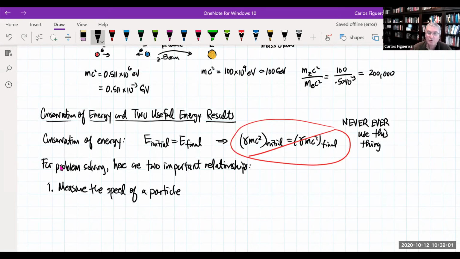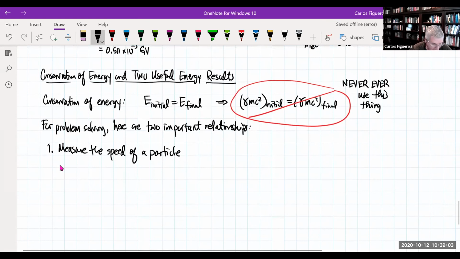This is useful in numerous cases. The way you can measure it is that you look at the ratio of momentum to energy. So if I look at the relationship between momentum and energy, we wrote this as gamma mv divided by gamma mc squared. And so what happens is that you end up with the relationship v over c squared.